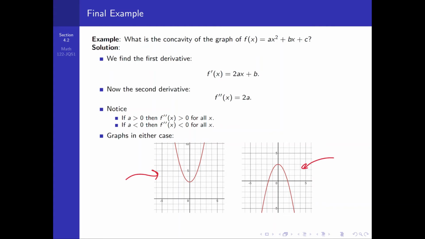And this corresponds to what we should already know about parabolas, which is that the parabola opens upwards if this leading coefficient is positive, and it opens downwards if this leading coefficient is negative. So here's just a nice relationship, a way to relate our inflection points and second derivative and concavity to some geometric properties of parabolas that we should have seen before.